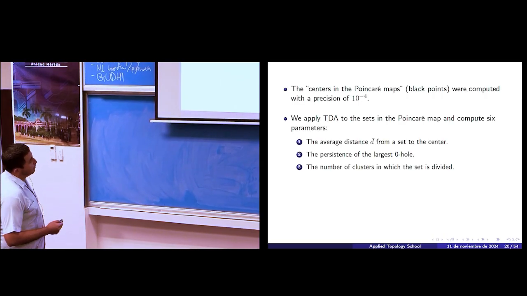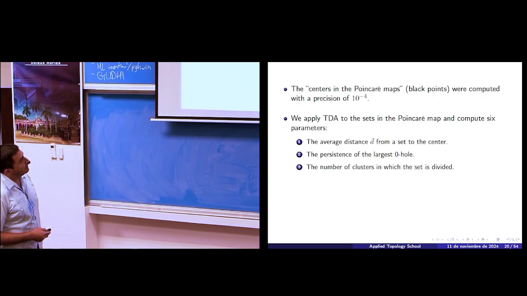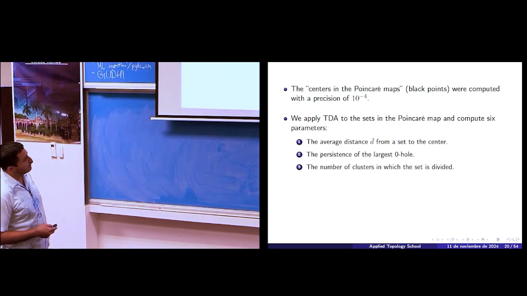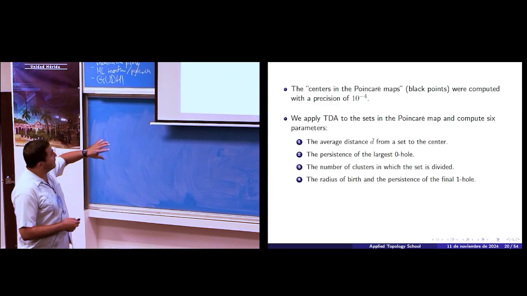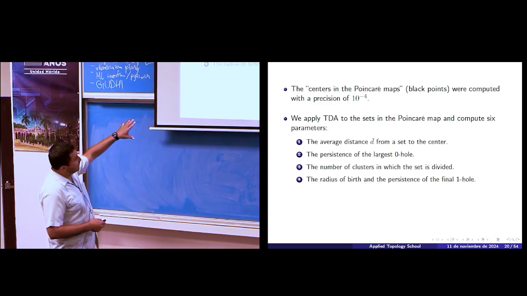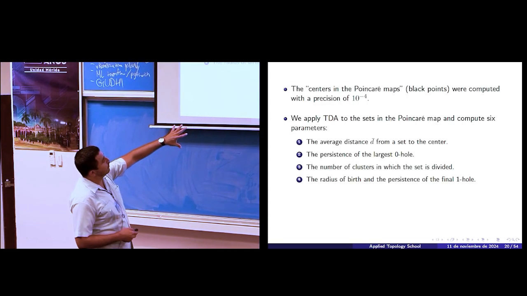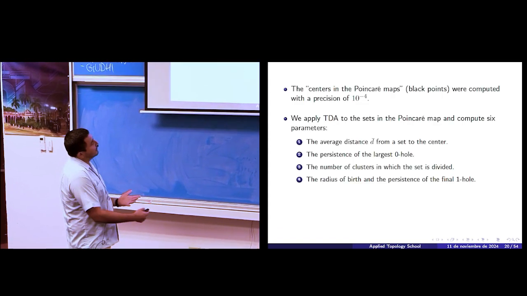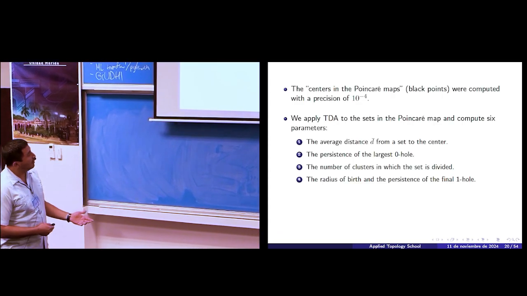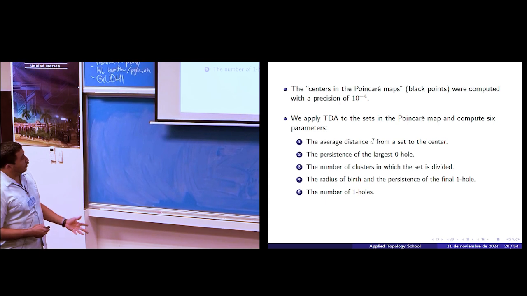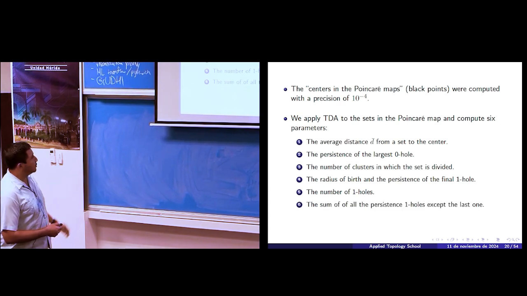Then the number of clusters, which is the number of components into which the set is divided. The radius of width and persistence of the final 1 hole, the number of 1 holes, and finally the sum of all the persistence of 1 holes except the last one.